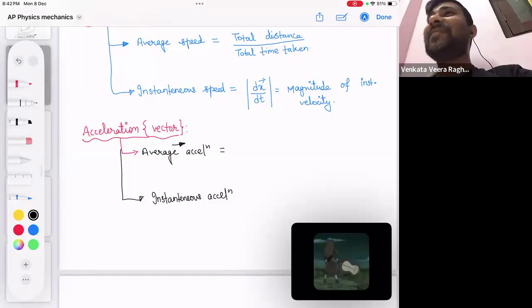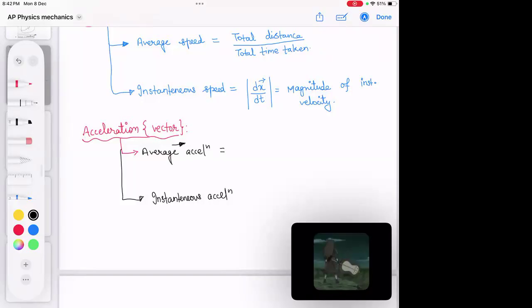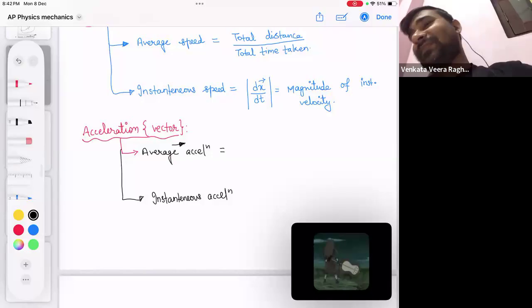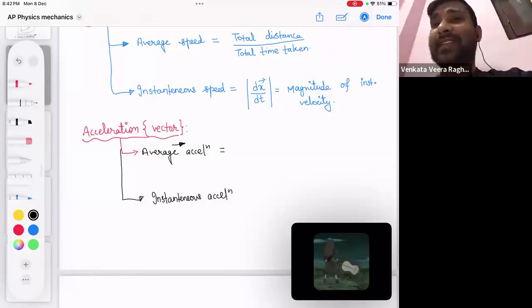Any other answer? So what does it mean by acceleration? When can I say someone is accelerating? Change in speed. Okay, that's it. See, acceleration changes speed. It's 50% correct. But if you say acceleration changes velocity, that's 100% correct, isn't it? So acceleration has the purpose of changing the velocity.